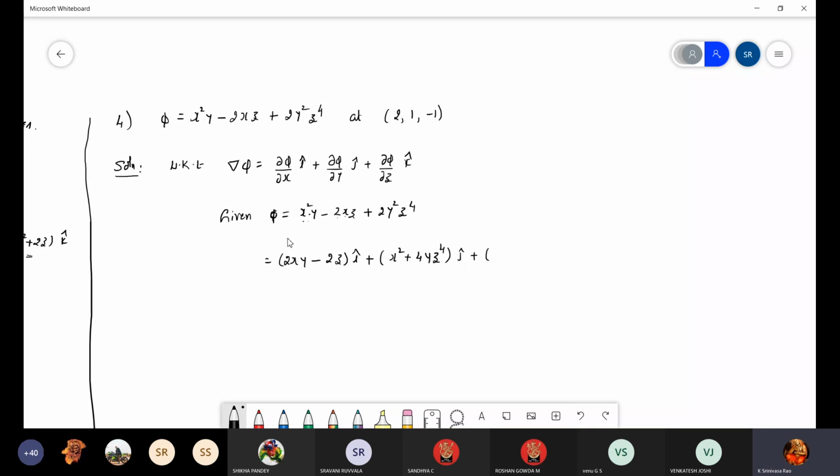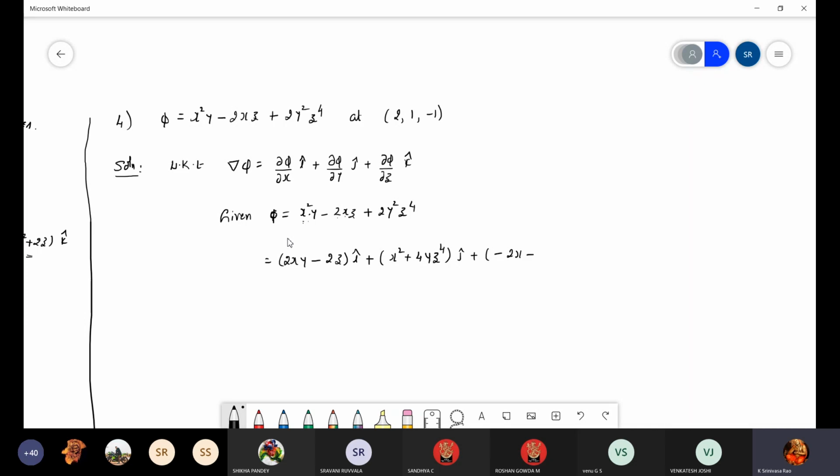Last term plus with respect to z. First term is 0 because no z here, x square y both become 0. Second term with respect to z means minus 2x, and here 2y square constant as it is, but z power 4 differentiation is 4z cube.